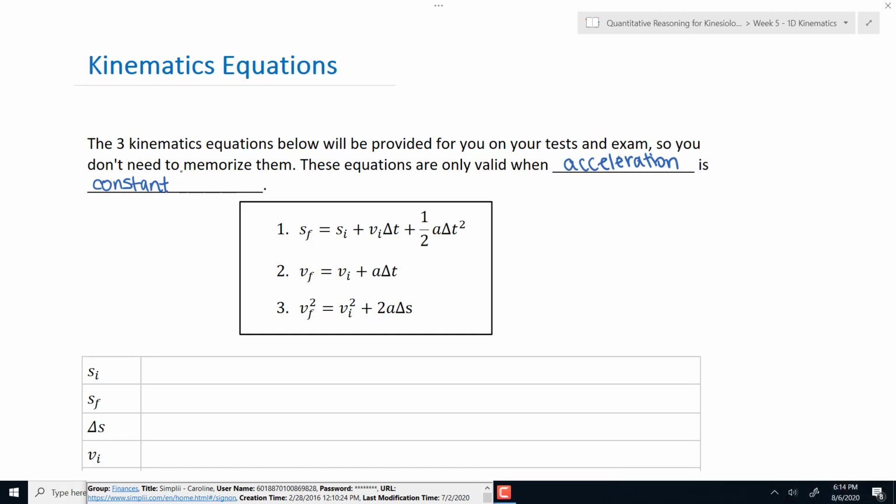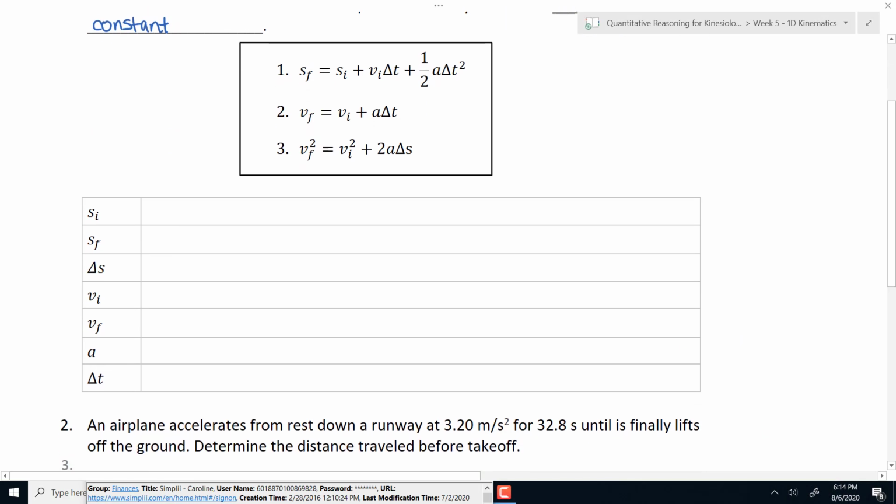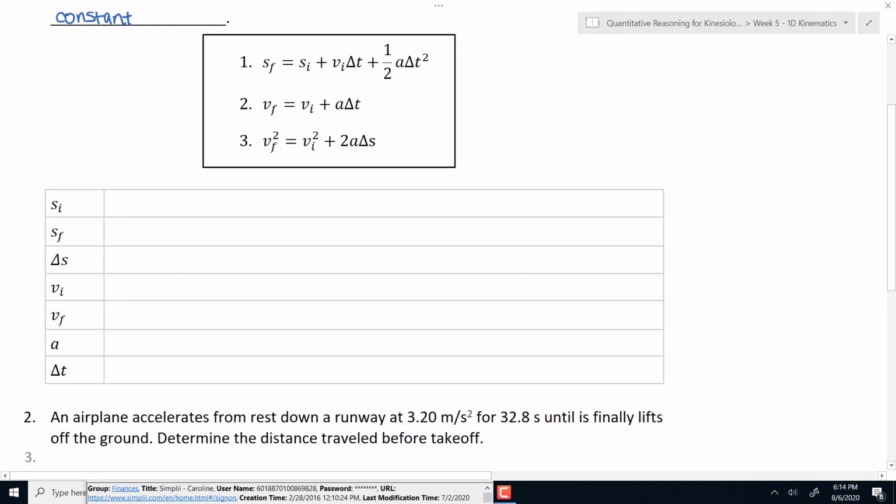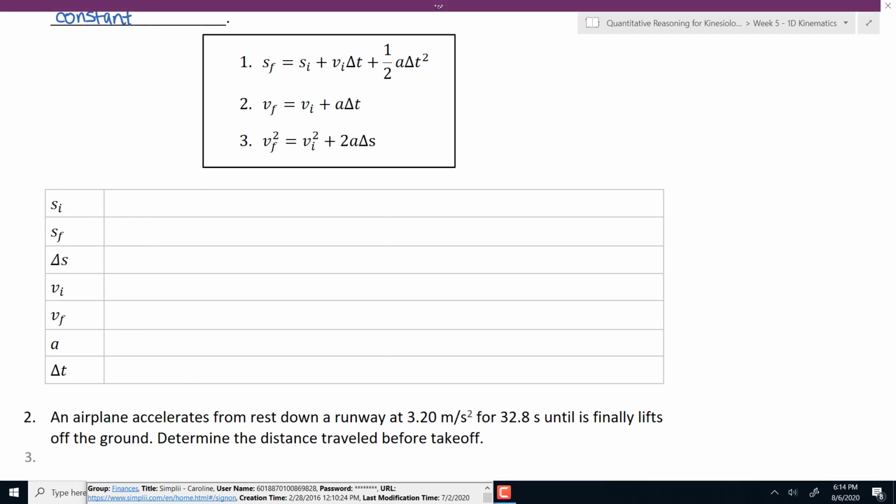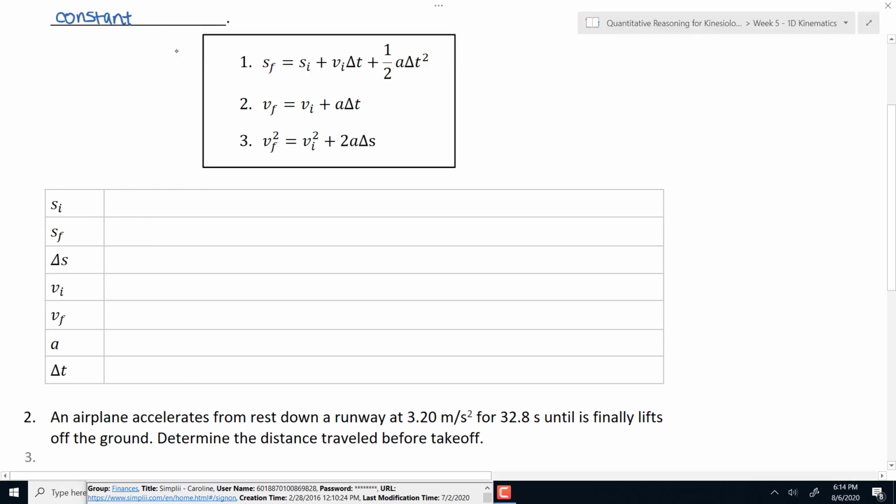We have a bunch of different terms or variables in these equations, and I just want to make sure that you understand what each of them are. So let's start off with S_i, over here. S_i means the initial position, an object's initial position.